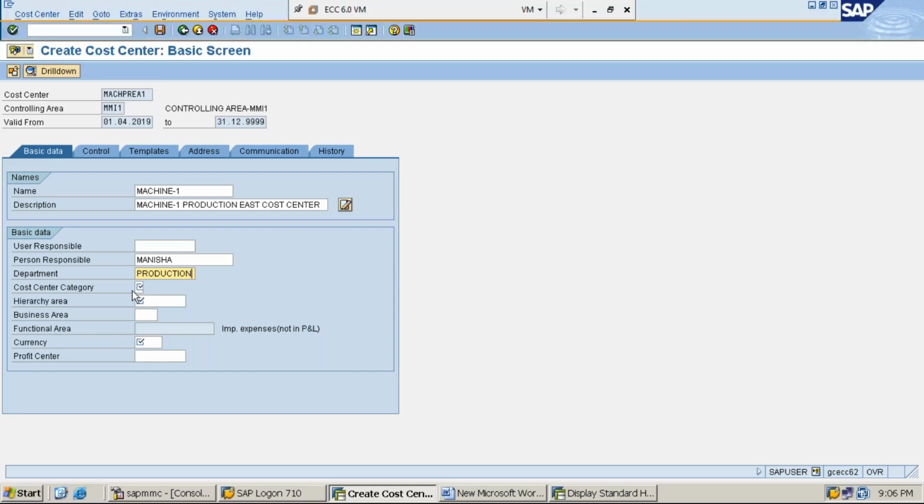Yes. Right. Next, cost center category. This is something very important. Click on the drop down button. There are various cost center categories provided by SAP.